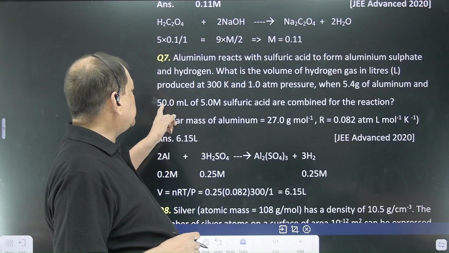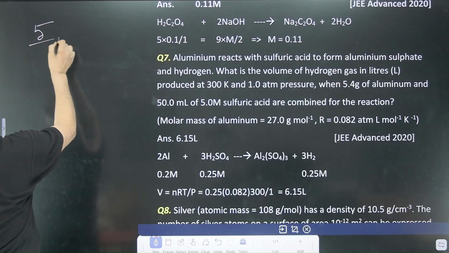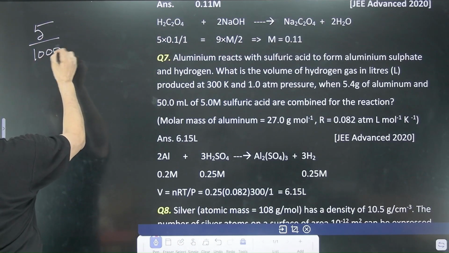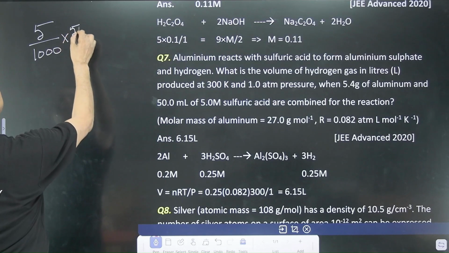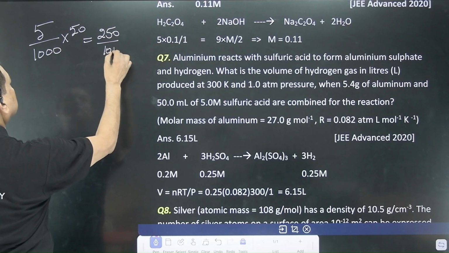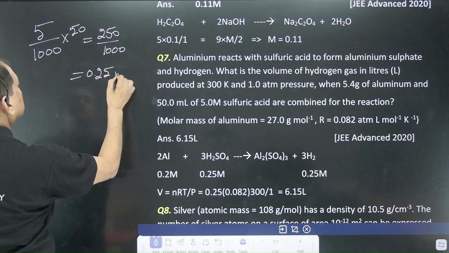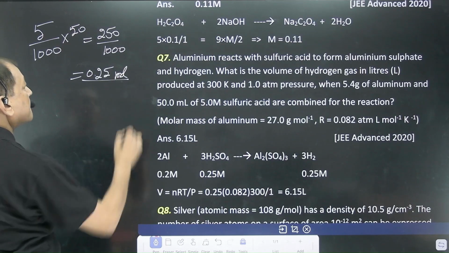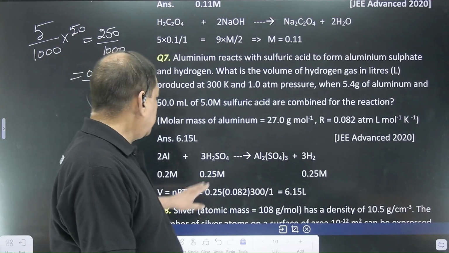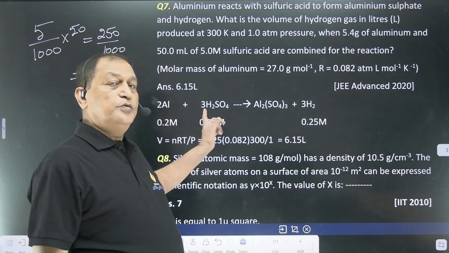So how much will be there? 5 moles per liter means 1000 ml. So in 50 ml, 250 by 1000, 0.25 mole. So sulfuric acid is 0.25 mole, not 0.3 mole.